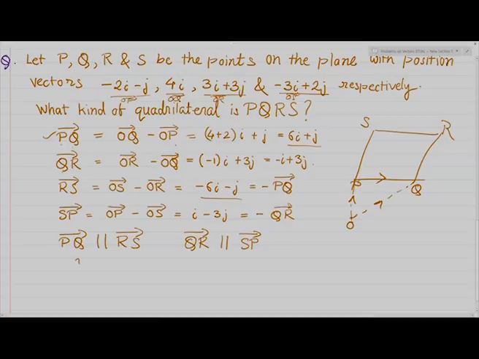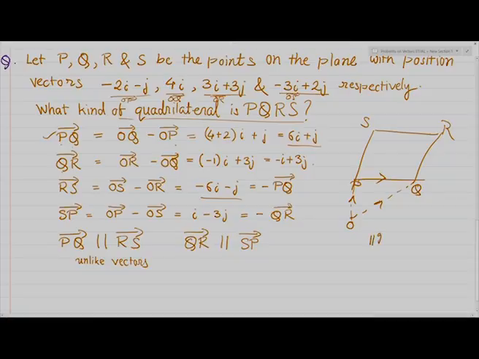So, these are unlike vectors, and they are opposite vectors also, right. If they are opposite vectors, then what we have seen is they are parallel. So, because we are trying to address this question, what kind of quadrilateral is PQRS, these vectors are parallel.